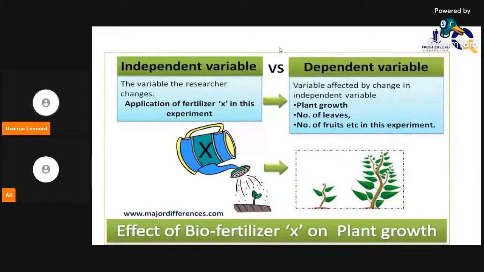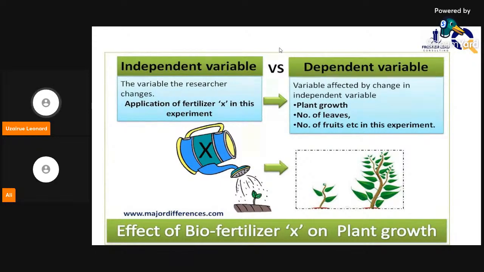All the conditions are the same, but the only difference is the fertilizer you are applying. So nothing happens to the fertilizer. There's no effect on the fertilizer.